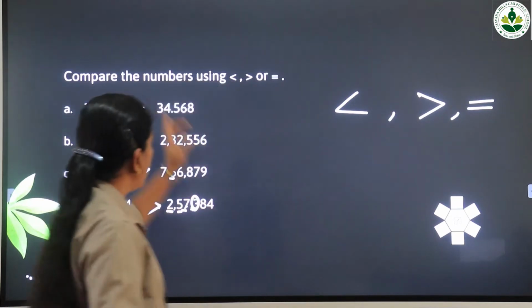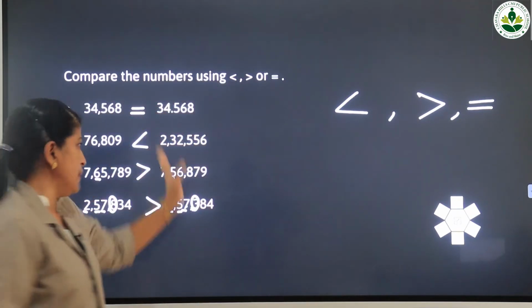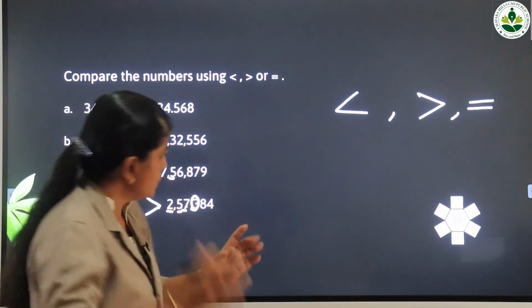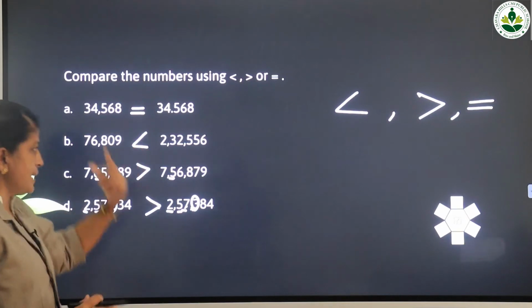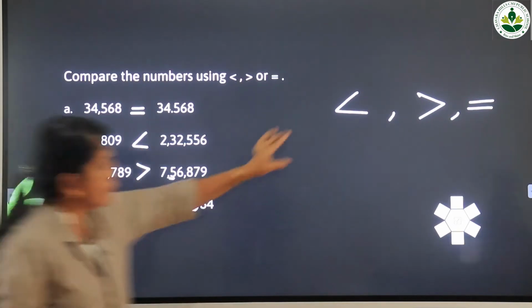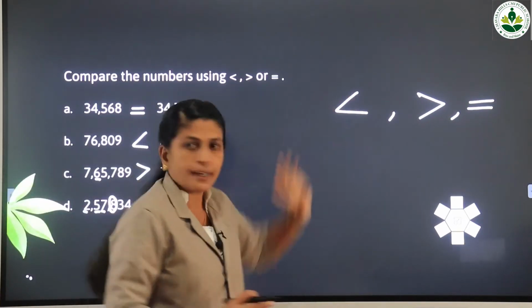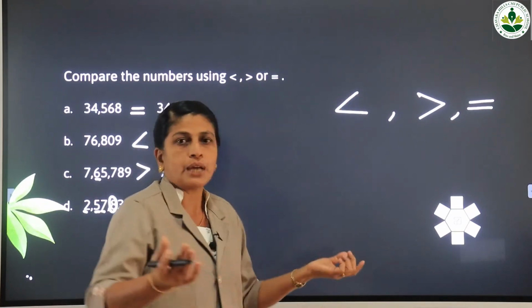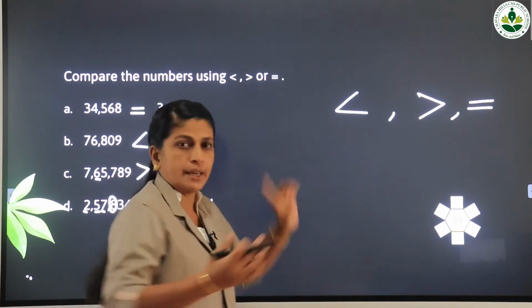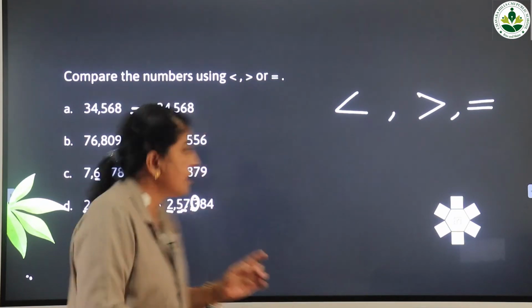Whenever we are using these symbols, less than or greater than, I have told you in the smaller classes also that the symbol has one end closed and the other end open. Therefore, the open end should always be near the bigger number and the closed end should always be near the smaller number.